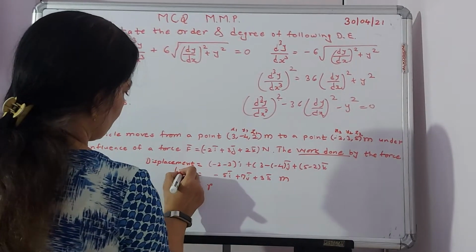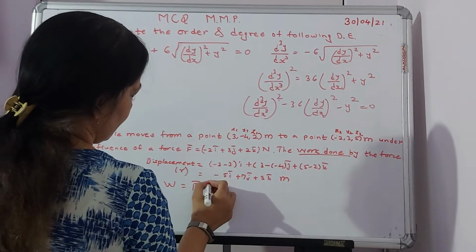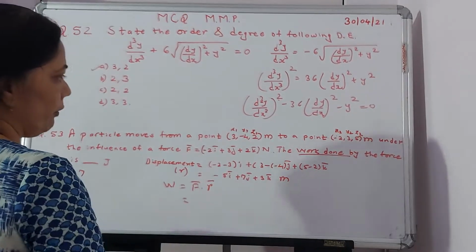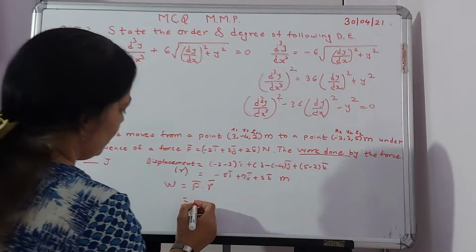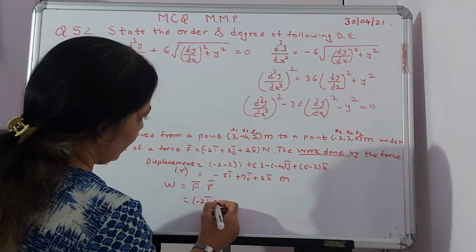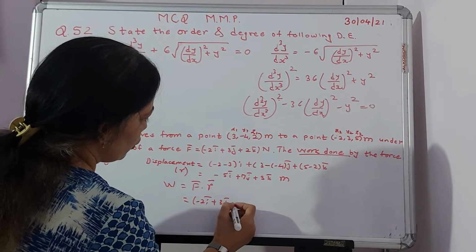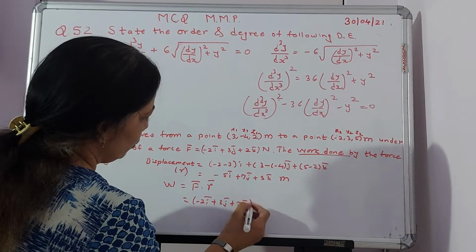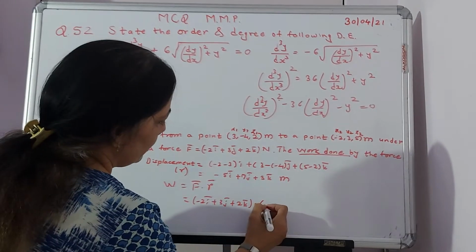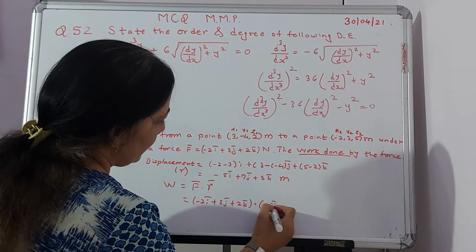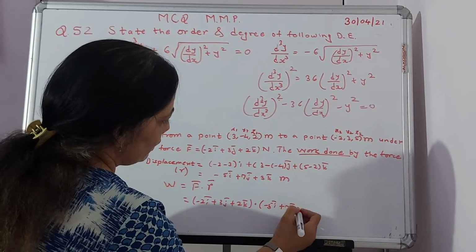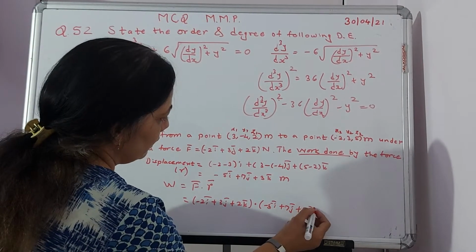Displacement, I can call this R. So once I get this, put the value of F. How much is the force given to you? Minus 2i plus 3j plus 2k dot minus 5i plus 7j plus 3k.